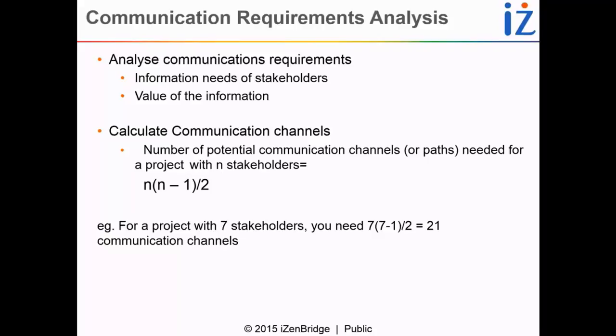It is N(N-1)/2, you can see it on your screen, where N is the number of stakeholders. I've given you an example which you can also read. If you had 7 stakeholders, you would need 21 communication channels. So you can see that if we are talking about a 200-person project, there will be literally hundreds of communication channels.